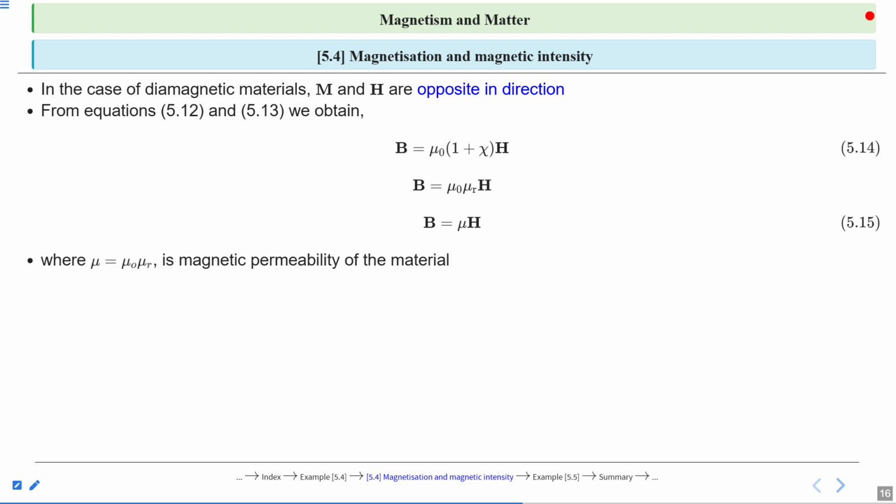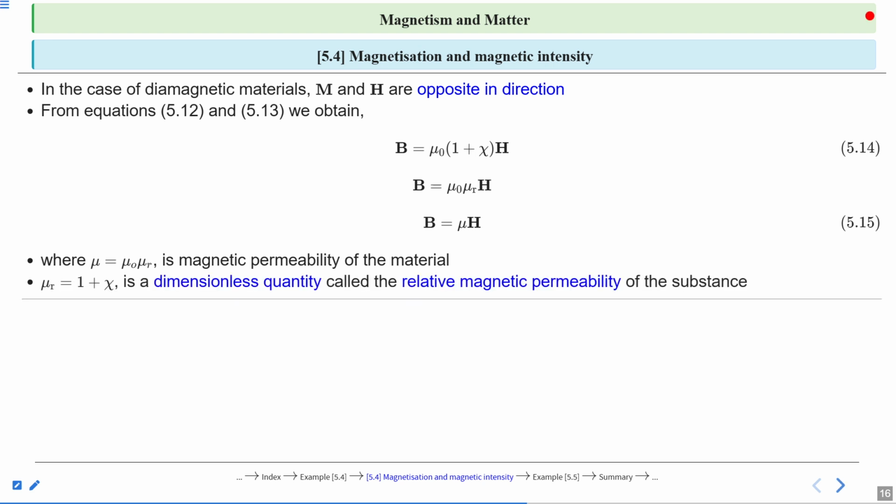Where mu equal to mu naught mu r is the magnetic permeability of the material, and mu r is equal to 1 plus chi, as we have seen in the equation also. Mu r is a dimensionless quantity and is called the relative magnetic permeability of the substance.